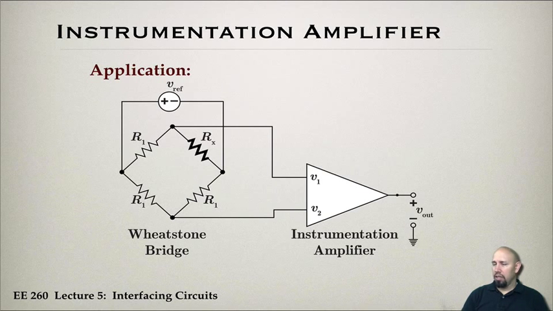Well, here's an example. A Wheatstone bridge is a common configuration. Notice I have these 3 resistors that are identical, and this resistor is approximately equal to the same values, R1, R1, R1. Okay, so what's going on here in this Wheatstone bridge? The principle here is the principle of balance.